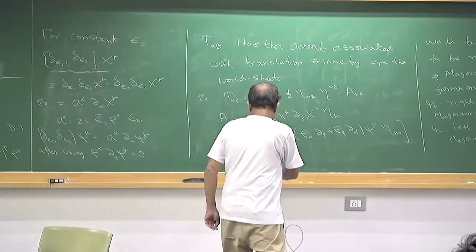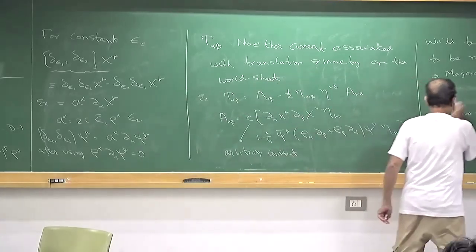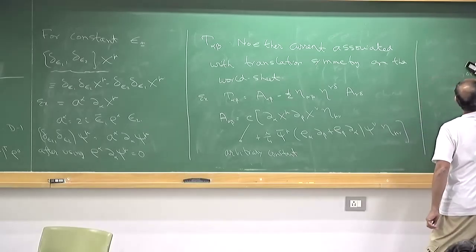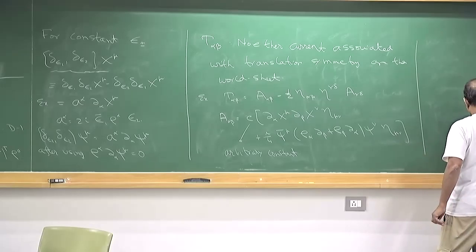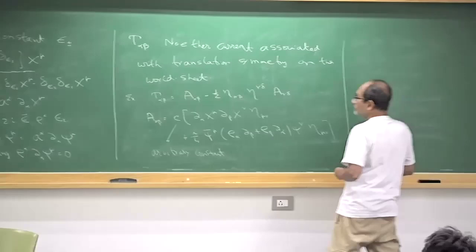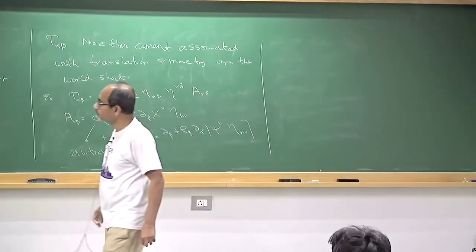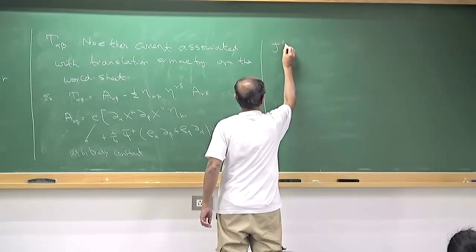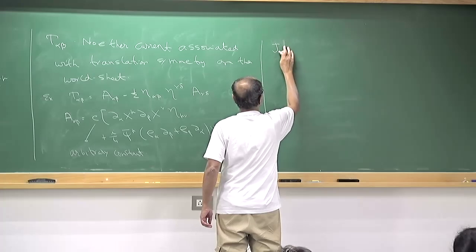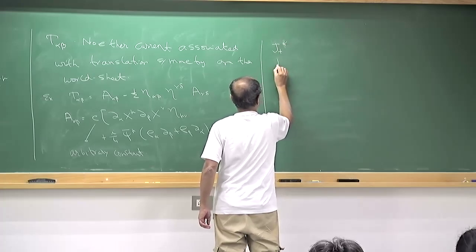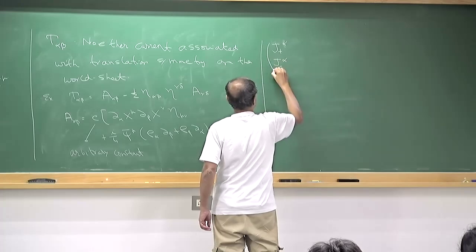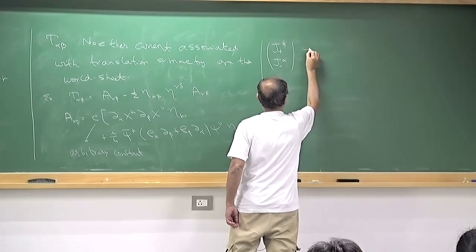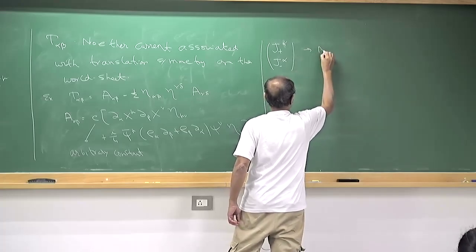Now, similarly, J plus... these are the Noether currents.